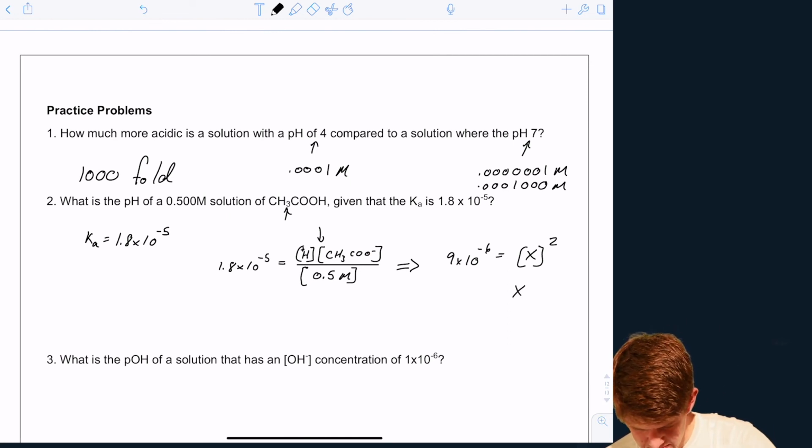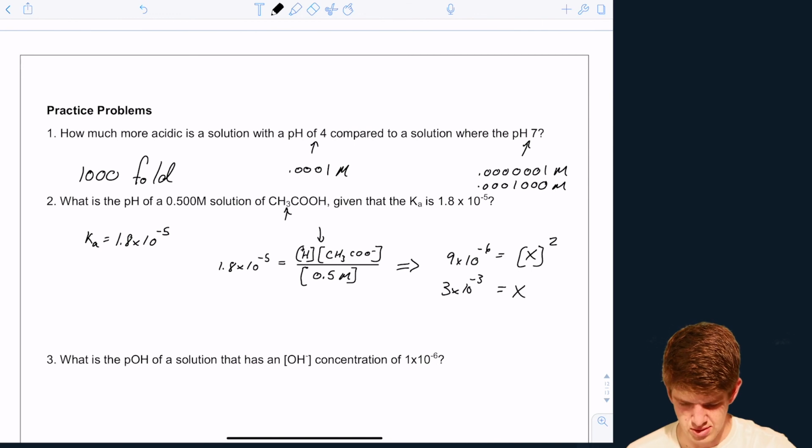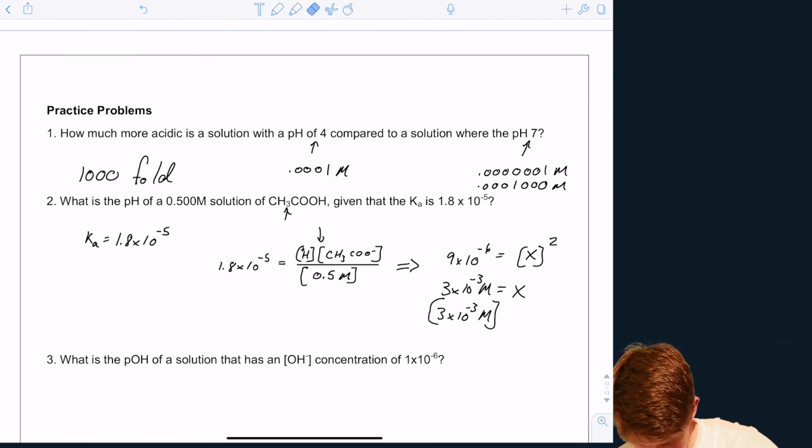And now x is equal to 3 times 10 to the negative 3. And if that is our x, and I know that all the x's are equivalent, that means that this is my H plus concentration: 3 times 10 to the negative 3 moles per liter. Let me just write that in. It is equal to my H plus concentration.